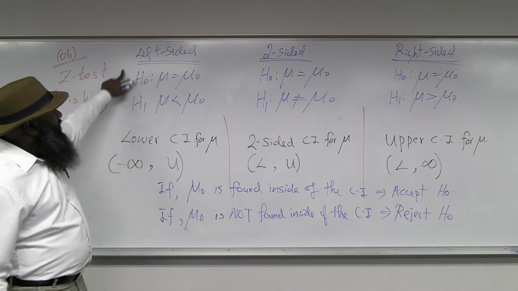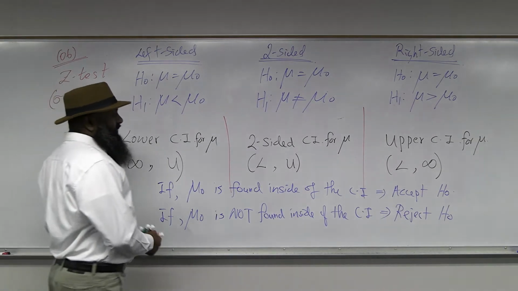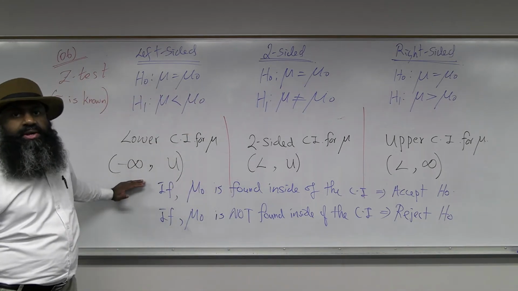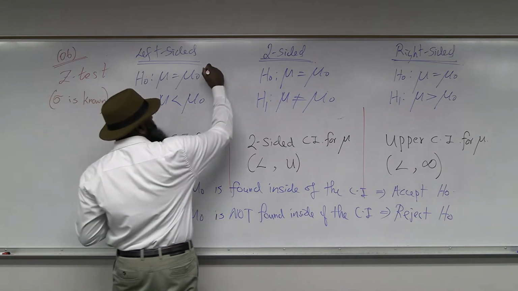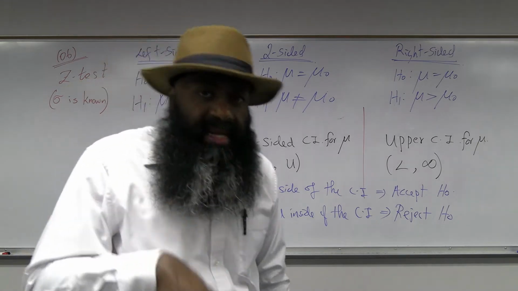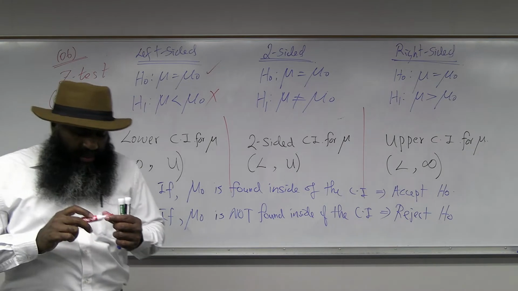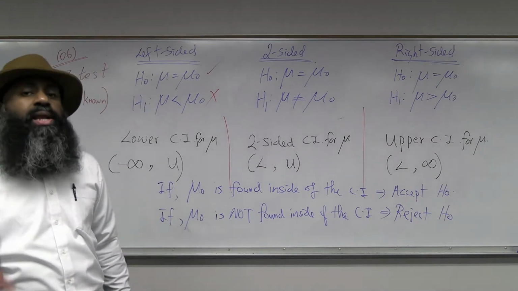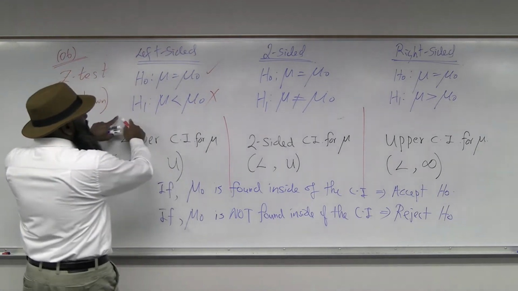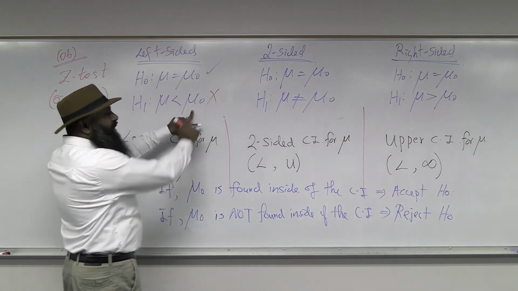So for example, I'm testing this combination, a left-sided alternative, and say I have my mu0 inside of the confidence interval constructed. In that case also, I will accept the null hypothesis. The null hypothesis is accepted means our data do not support the alternative. So once again, interpretation should be only about the alternative. So I would say our data do not support the fact that the true mean is lesser than the given value mu0.